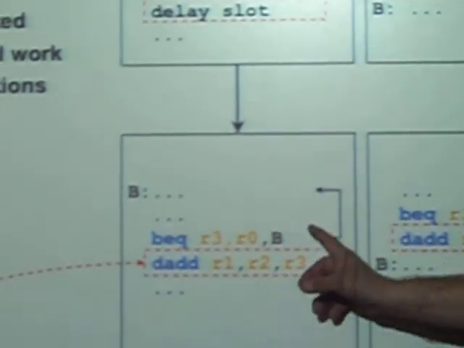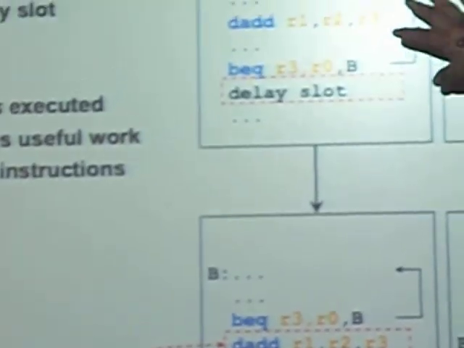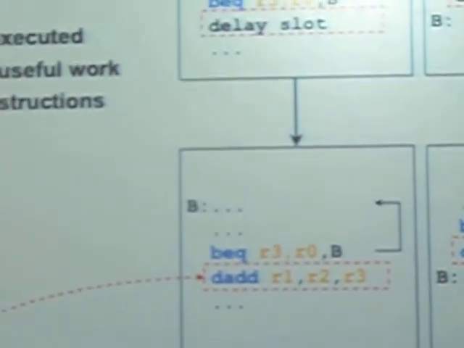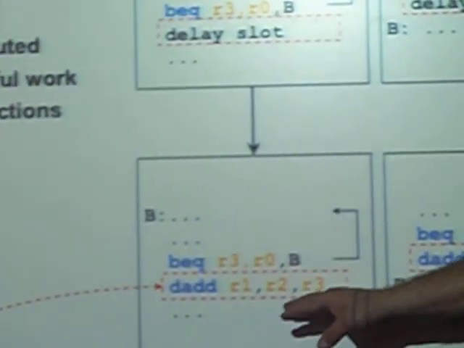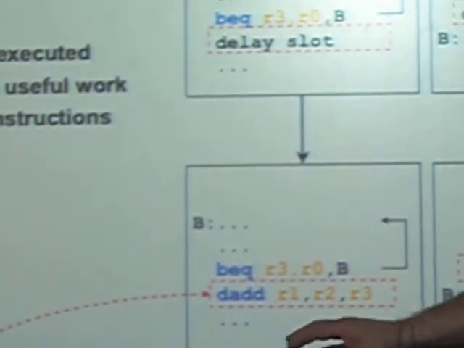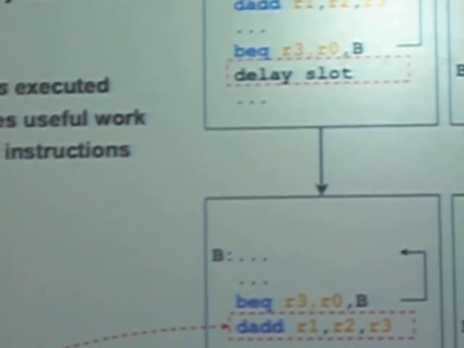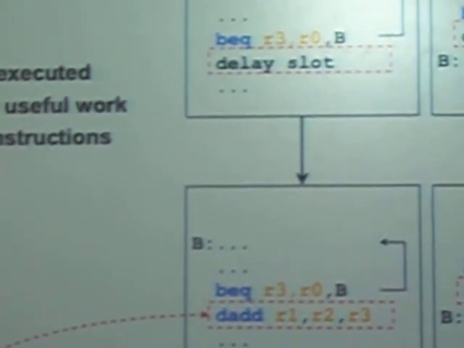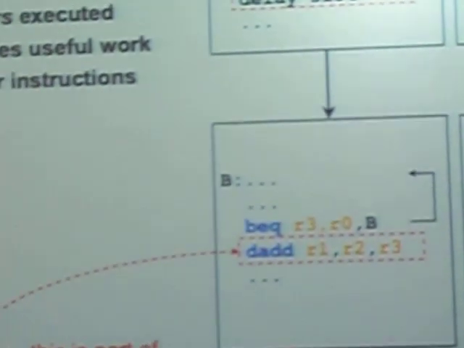It's as though it were inside the loop. Does that make sense? It's always executed. And if I can do it without changing the outcome, that's what I do. So it's either backward or forward.